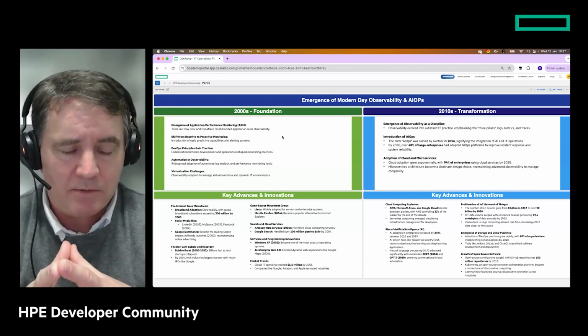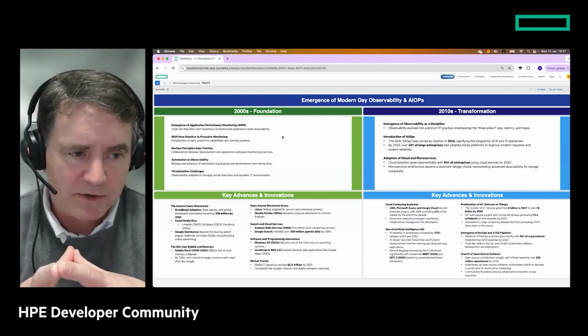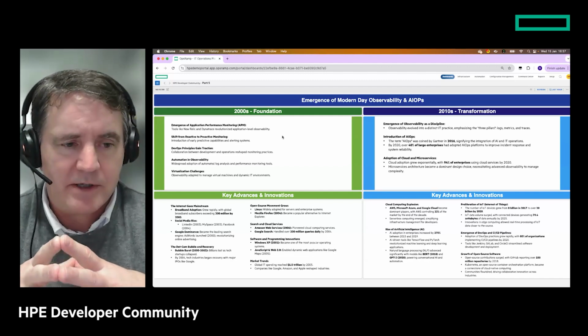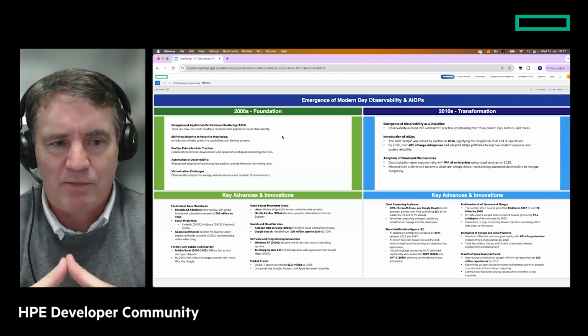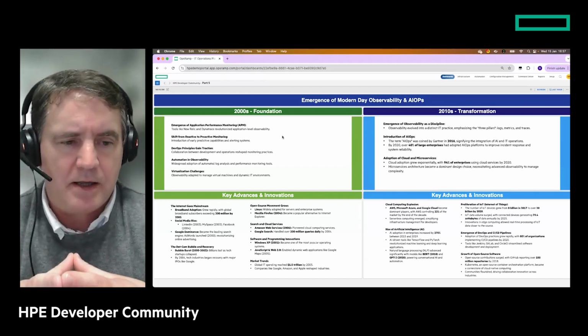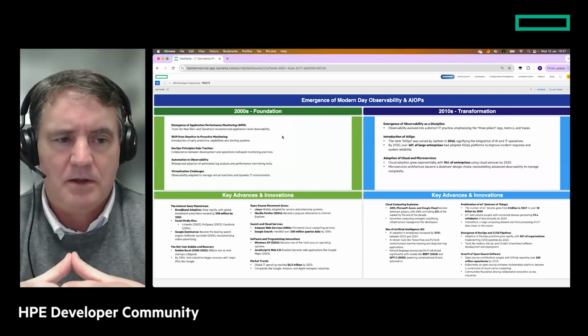We're starting to see big traction in the DevOps movement. So rather than IT operations being a silo and the development team being a silo, we wanted to try and break down these silos. And that is still a challenge today.